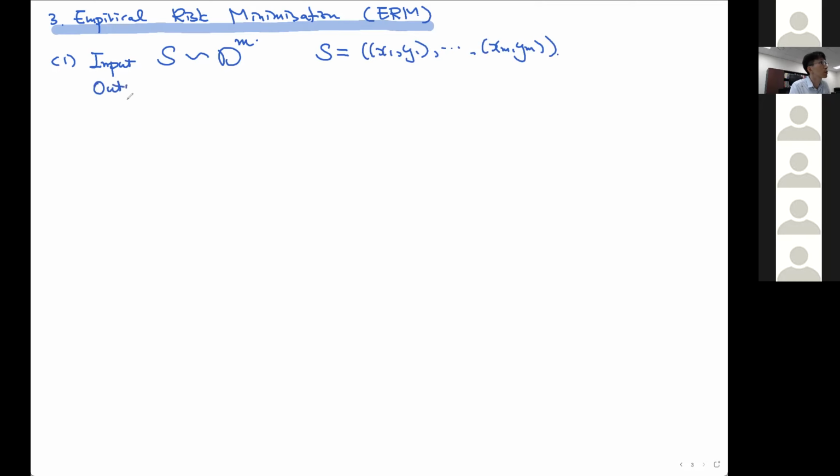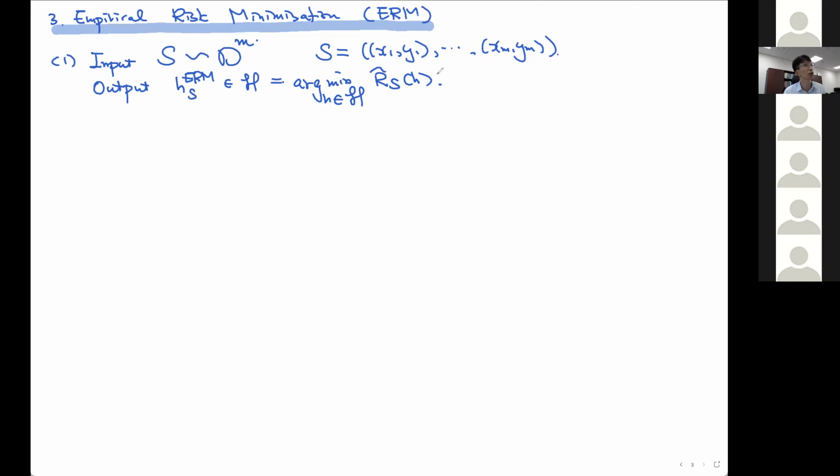The output is that we find h, the hypothesis in our hypothesis set based on S, that minimizes the empirical risk. So that's a simple algorithm.